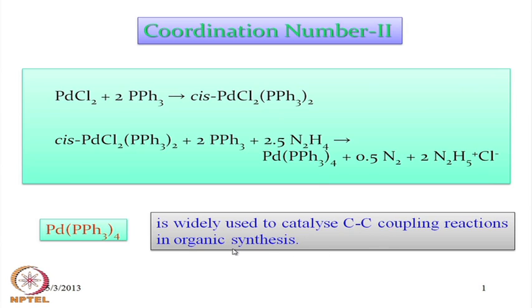In different organic syntheses, if we want to elaborate the molecule, if we want to increase the molecular structure by making new carbon-carbon bonds, which can be achieved by two reagents, one having one carbon center and another having another carbon center, we can use this palladium triphenyl phosphine molecule as a very good catalyst.